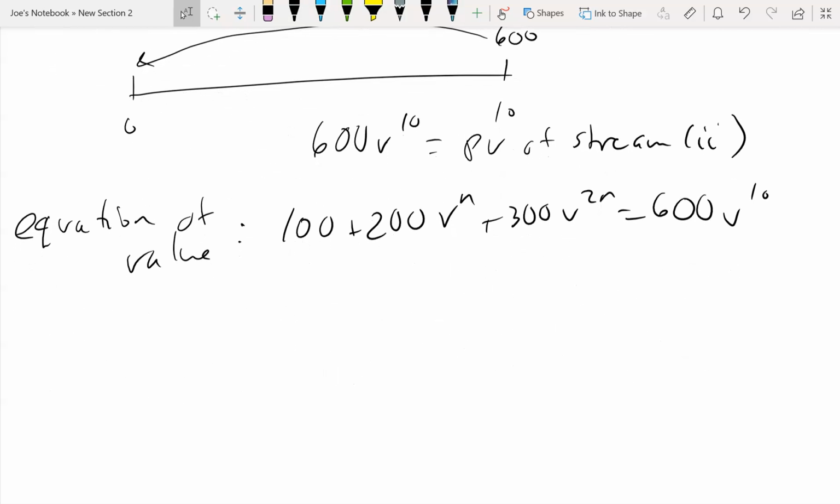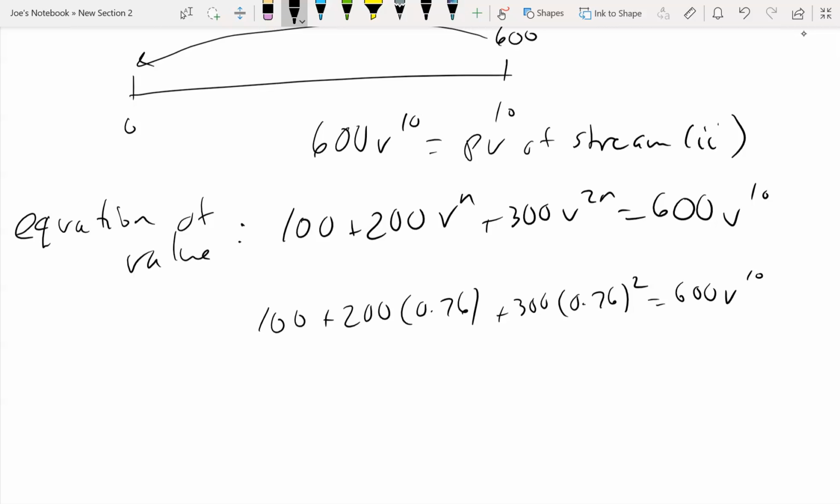The problem asks us to find I, but we know v in terms of I, so the first thing we do is find v, correct? We know that our v to the n is 0.76. So in that second part, this is v to the n squared, so we'll have 0.76 squared here.